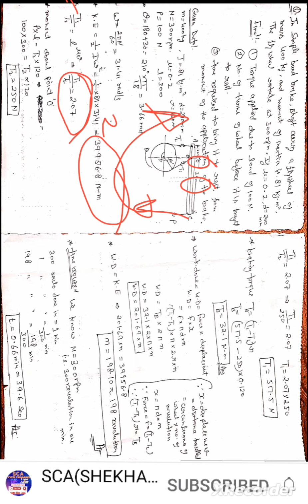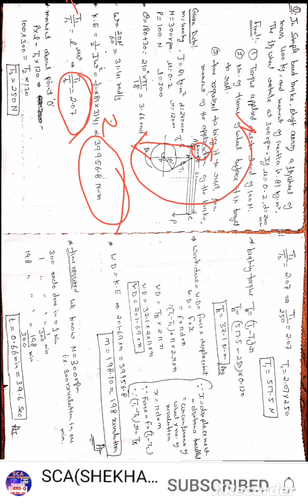The second couple is T2 into this distance, which makes an anti-clockwise couple.